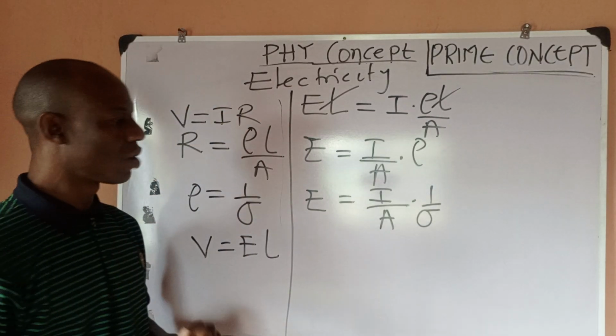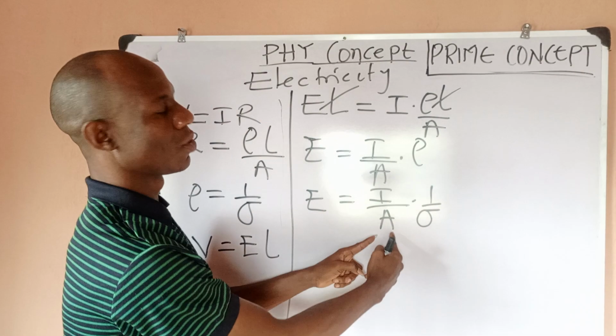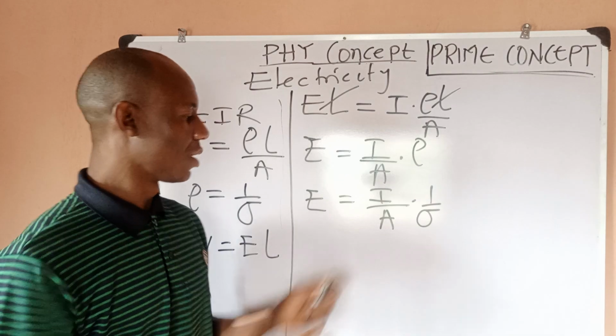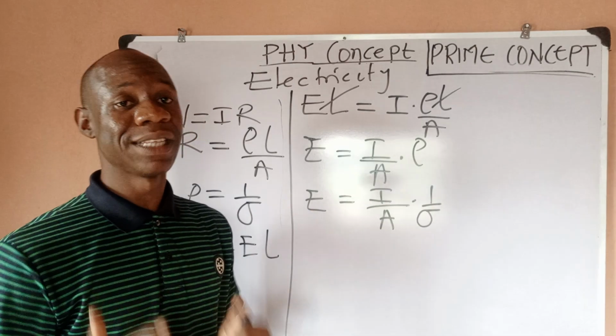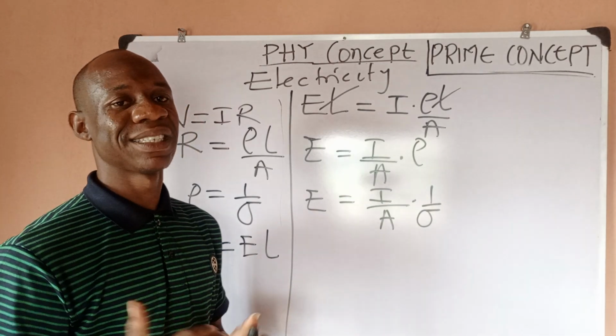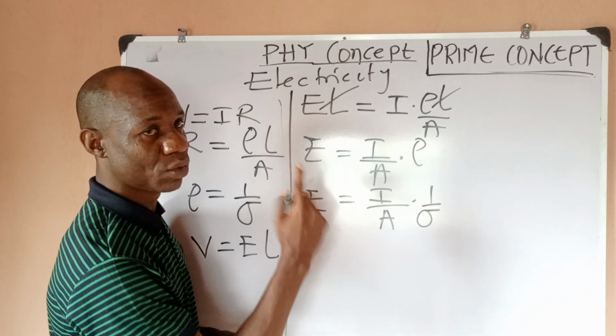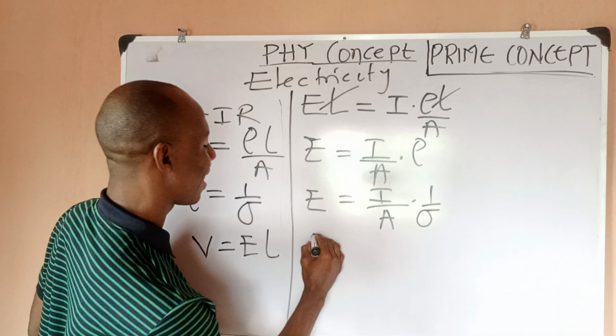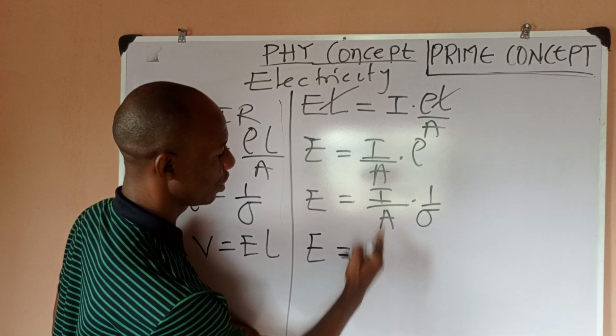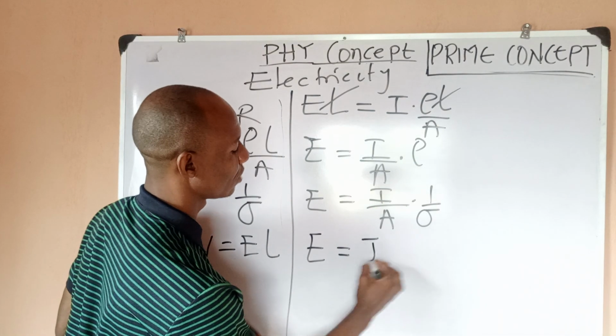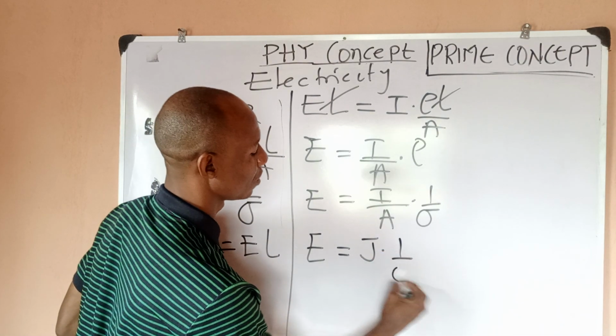Now another thing you should also know is that current over area is known as current density, and is denoted by the symbol J. So I'm going to replace I over A with J, which is known as current density. So I have E equals I over A, which is now J, times 1 over sigma.